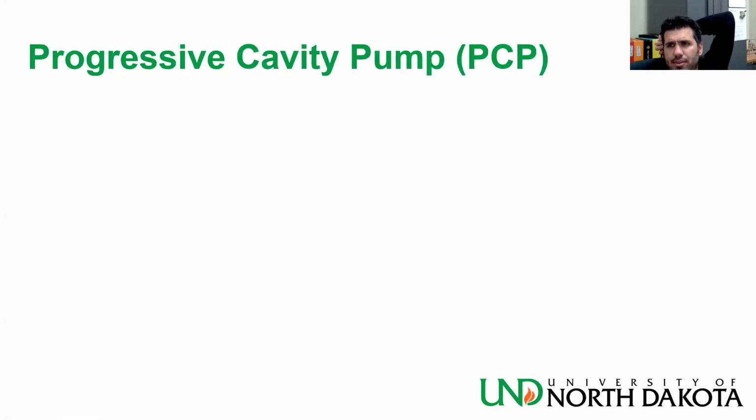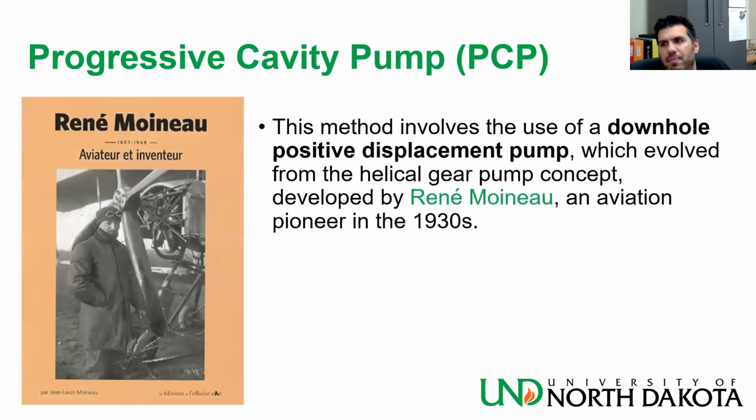Now, another method is the progressive cavity pump. That one we borrowed the concept from aerospace or aviation. It involves the use of a downhole positive displacement pump, which evolved from a helical gear pump concept developed by René Moineau, who was an aviator.